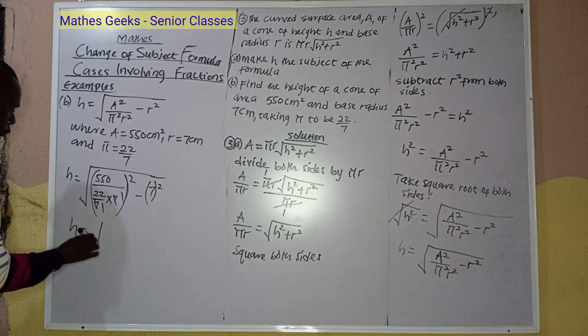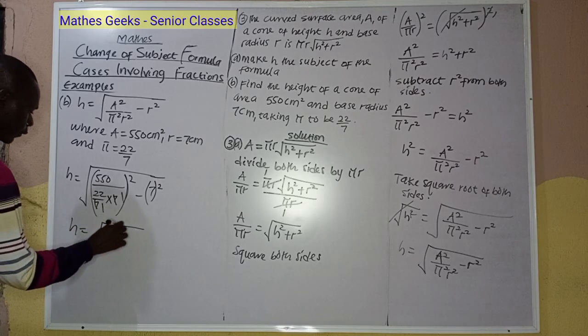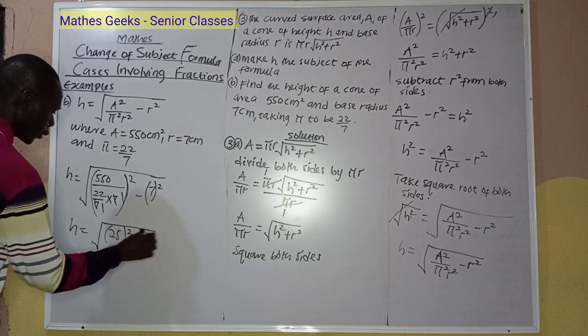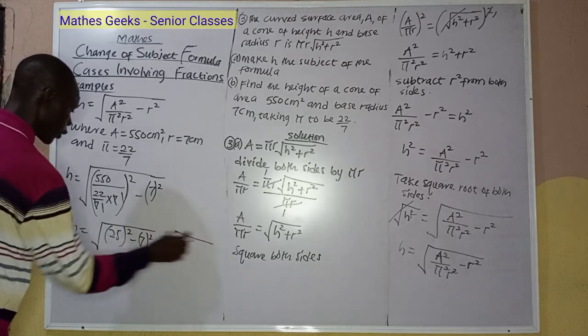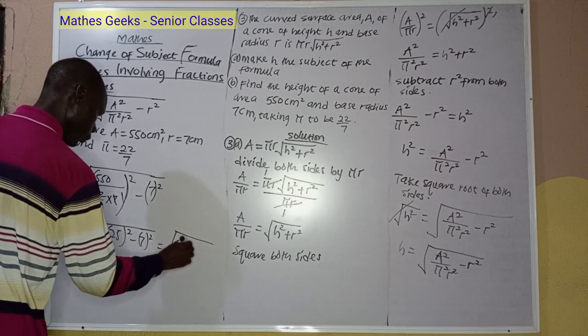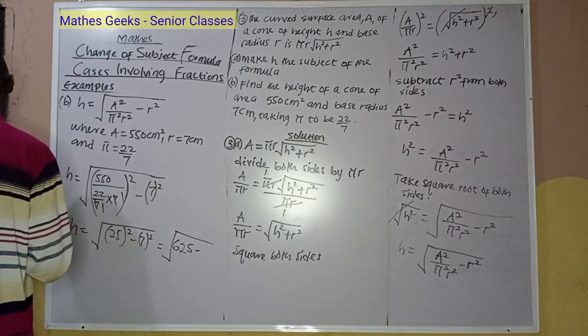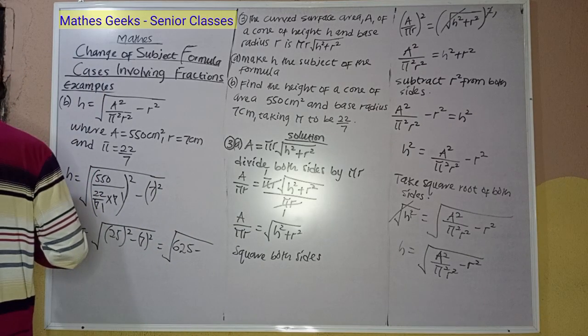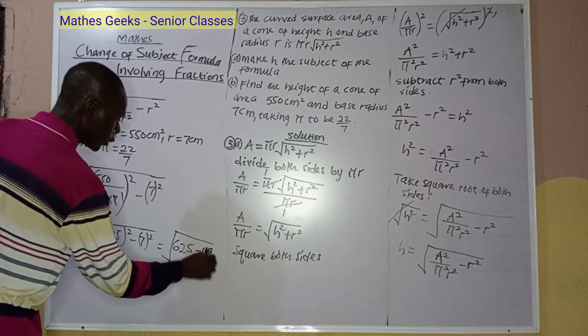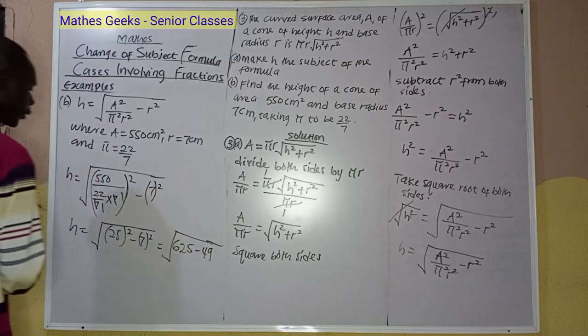H is equal to the square root of 25 squared minus 7 squared, which is the square root of 625. Let me confirm. 25 squared is 625, and then 49.